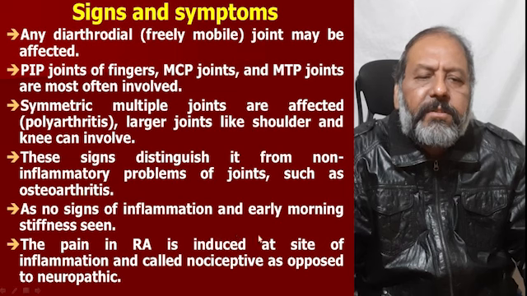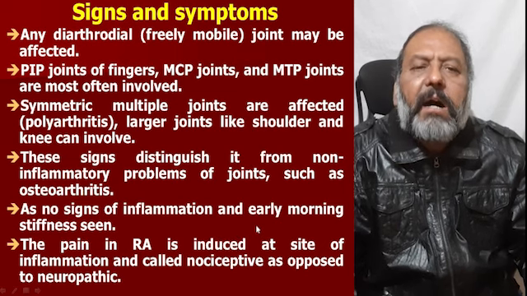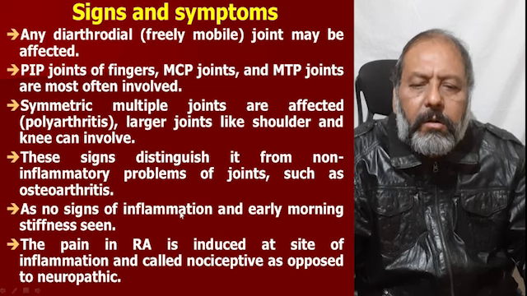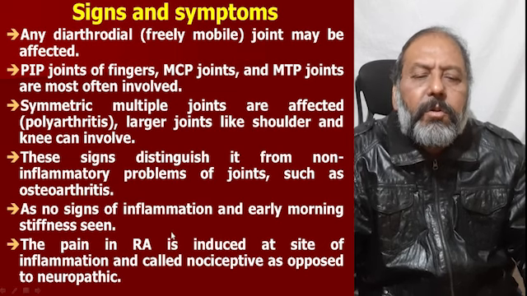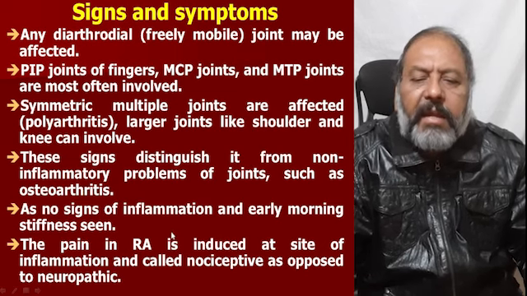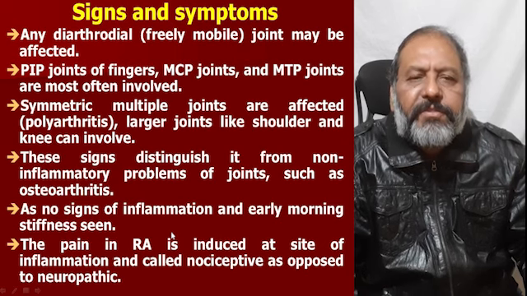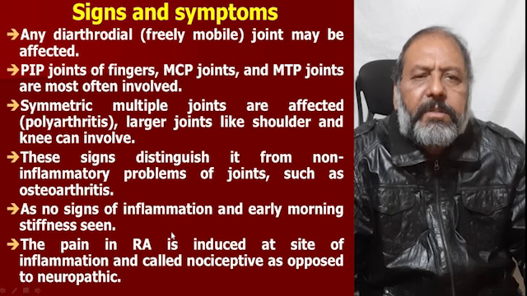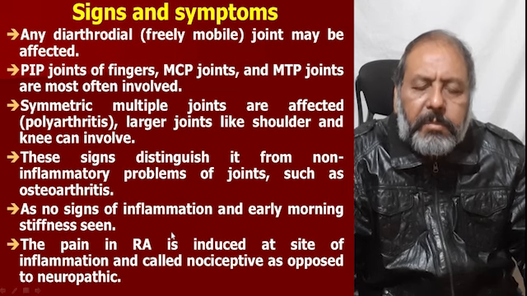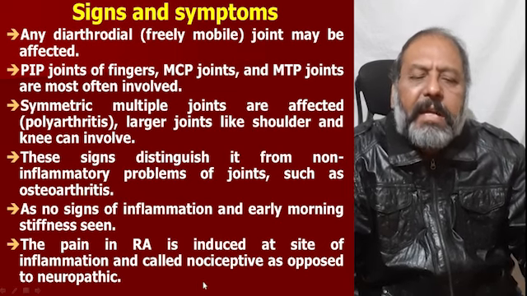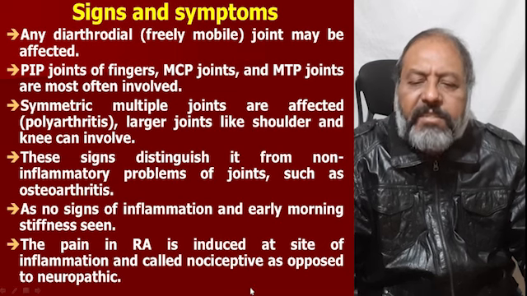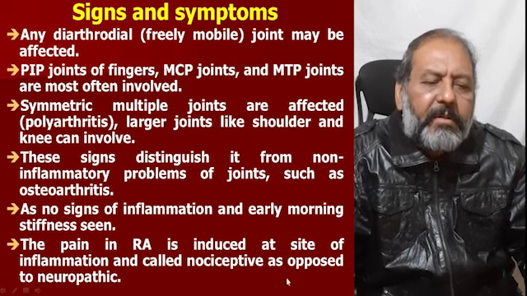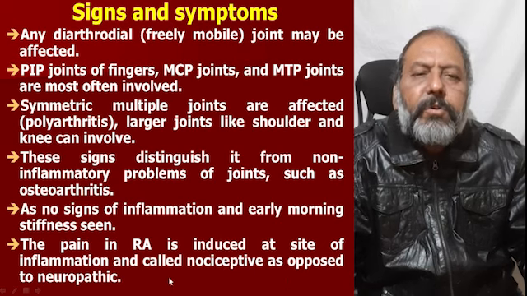These signs distinguish it from non-inflammatory joint problems such as osteoarthritis, as no signs of inflammation and early morning stiffness are seen there, as in the case of rheumatoid arthritis. The pain in rheumatoid arthritis is induced at the site of inflammation and is called nociceptive, as opposed to neuropathic.